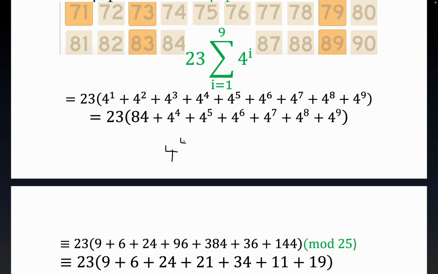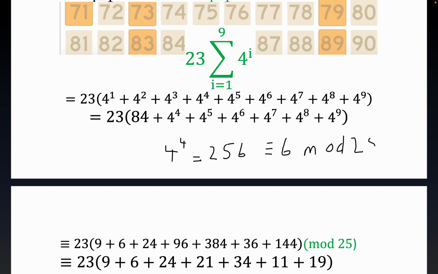4 raised to the 4th power is equal to 256. But that is congruent to 6 mod 25. And that's clear, isn't it?